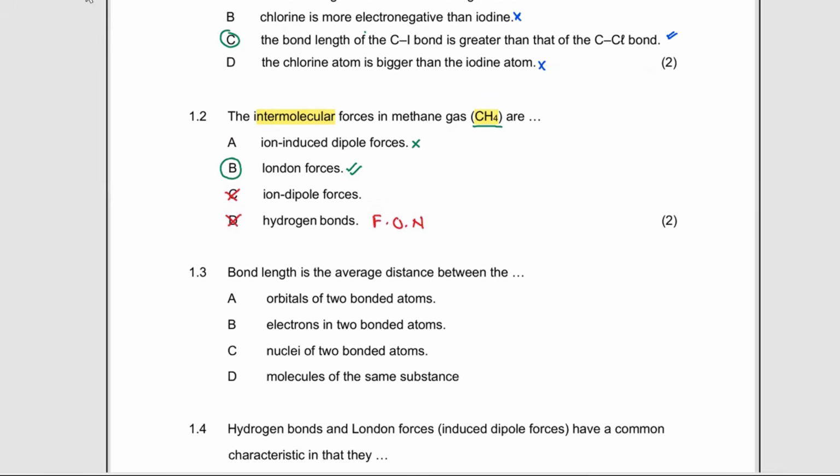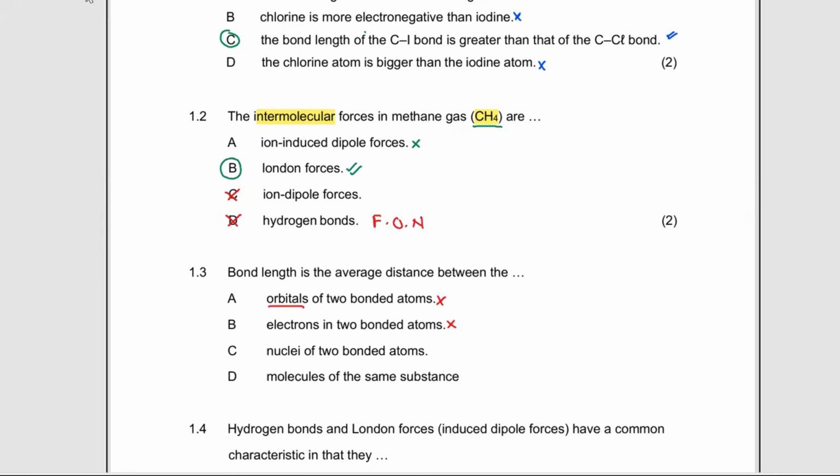Then 1.3 reads bond length is the average distance between A, orbitals of two bonded atoms. B says electrons in two bonded atoms, this is way out. Then orbitals of two bonded atoms, this is also incorrect, they are talking about orbitals here.